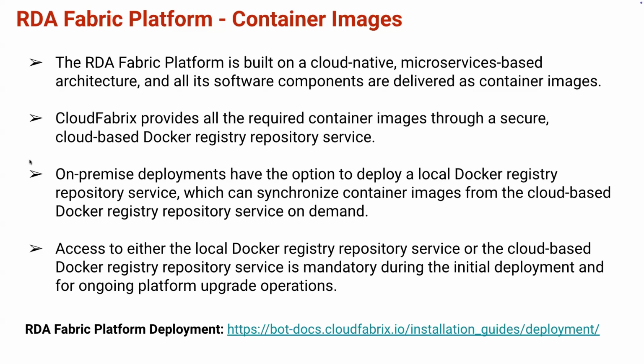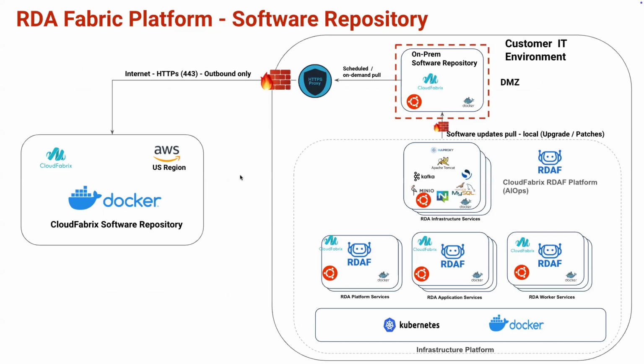This is a typical deployment architecture when it comes to managing our software images. On the right-hand side, it's the IT environment of a customer. On the left side, you have our cloud-based Docker registry repository service, which is running on AWS.